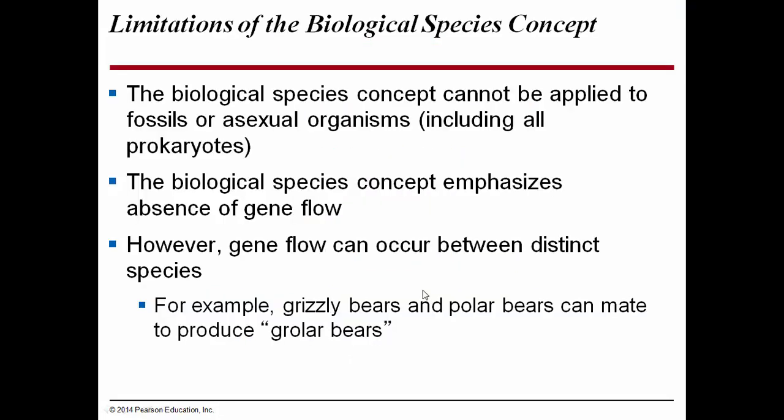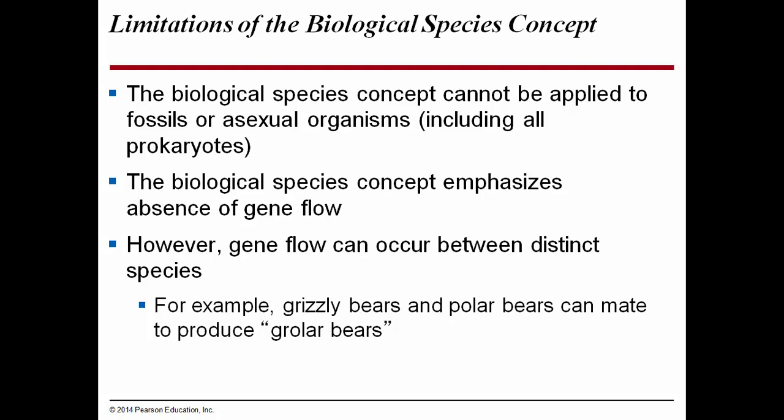Limitations of the biological species concept. The biological species concept cannot be applied to fossils or asexual organisms, including prokaryotes. So you don't know what the breeding relationships were of certain dinosaurs. You have to use the morphological species concept when you're dealing with fossils, basically, because you don't know what their relationships were.